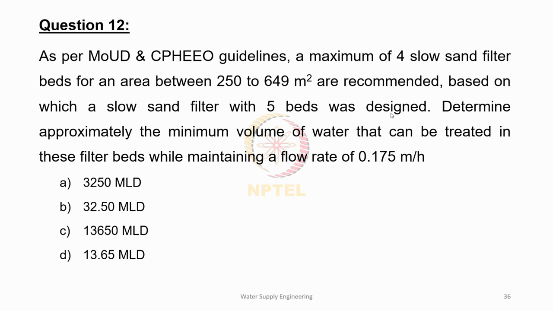Moving on to the next question. Question number 12. As per MOUD and CPHEEO guidelines, a maximum of 4 slow sand filter beds for an area between 250 to 649 meters square are recommended, based on which a slow sand filter with 5 beds was designed.